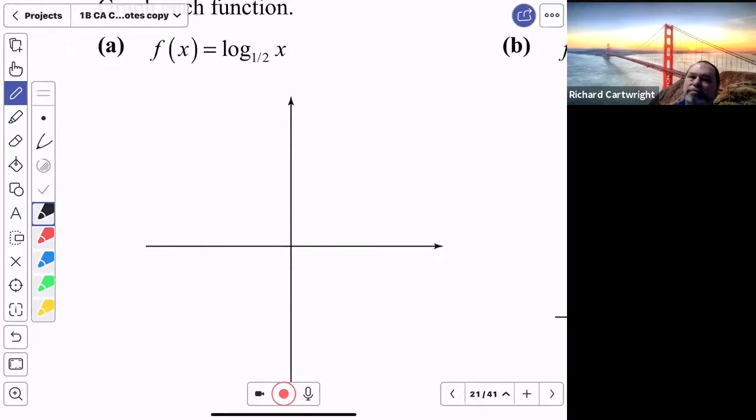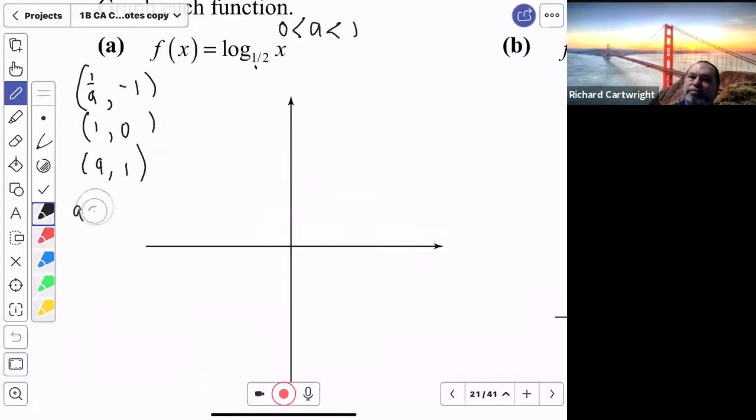And since this a is less than 1 but greater than 0, I know the 3 points I need. I need 1 over a, which gives me a -1. I need a 1, which gave me the 0. And I need the a, which gives me the 1. Those are all I need.